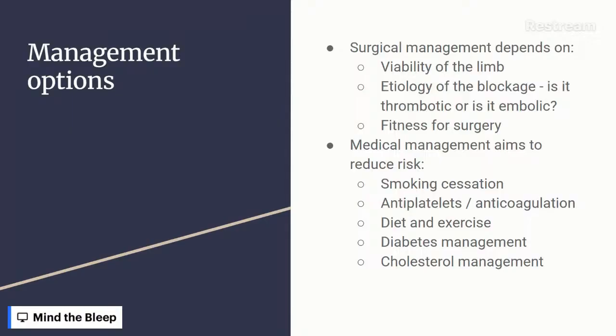And then we also need to consider, is this a thrombotic event or is it an embolic event? And we'll go into what thrombotic versus embolic is. And another consideration will be whether surgery is actually going to be of benefit to someone, or if this is maybe more of a terminal event, and palliation would be the best interest decision.